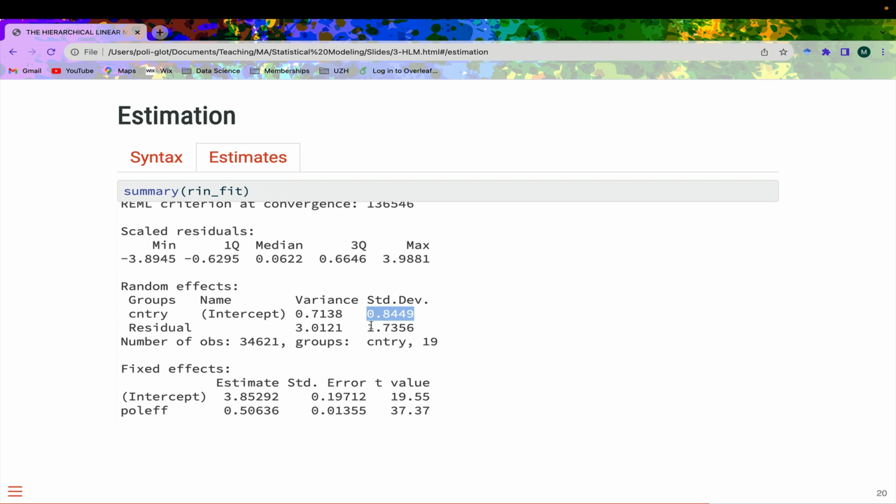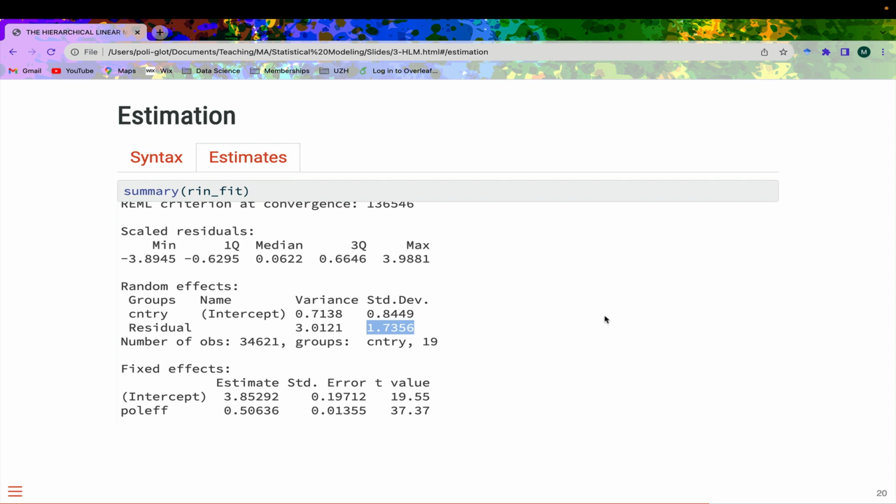And we have some residual variation that we do actually expect to have gone down a little bit because we now have added an explanation for why some individuals are more trusting than others. It's not much of an explanation, it's just one predictor variable, but theoretically we should assume that this error variance is a little bit less than it was in the random effects ANOVA model.